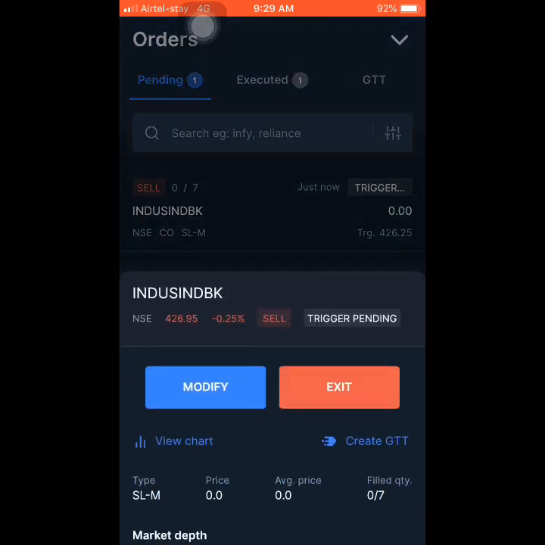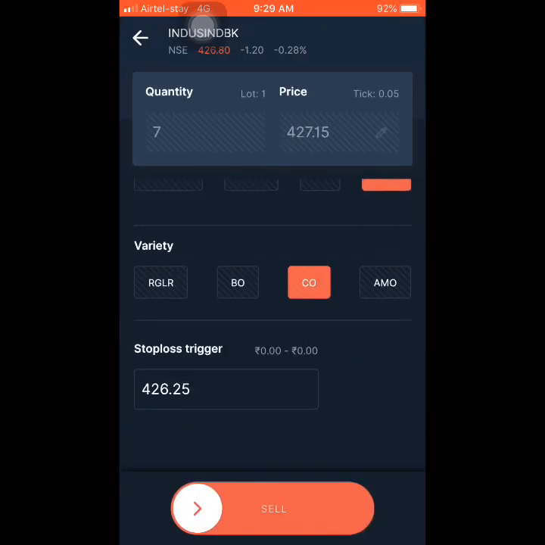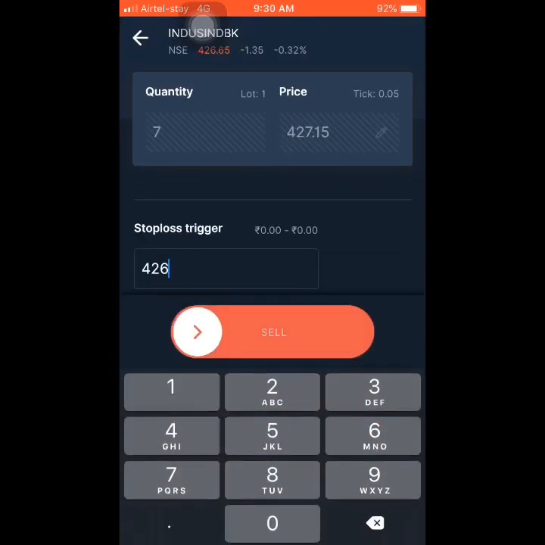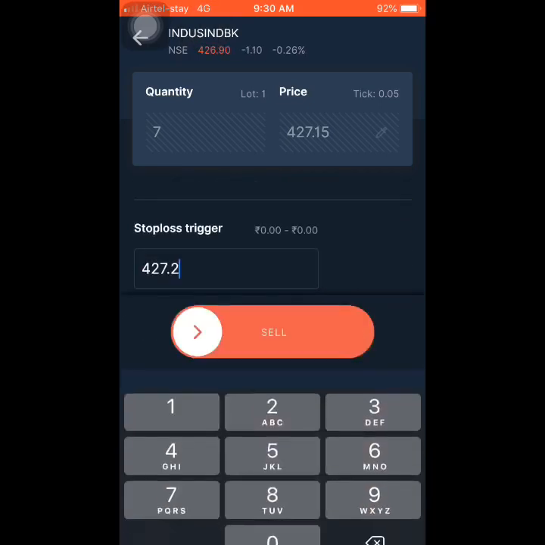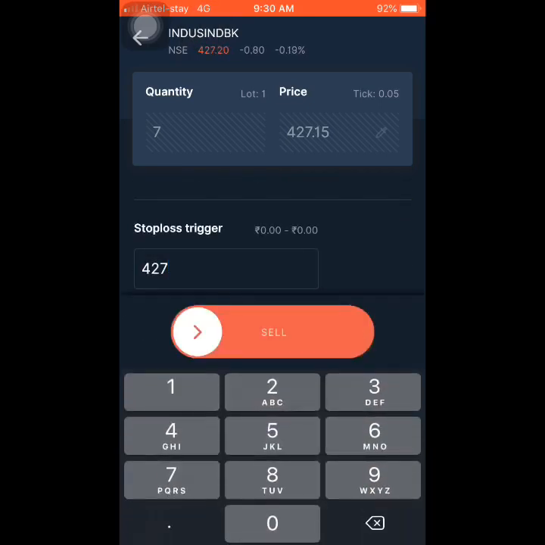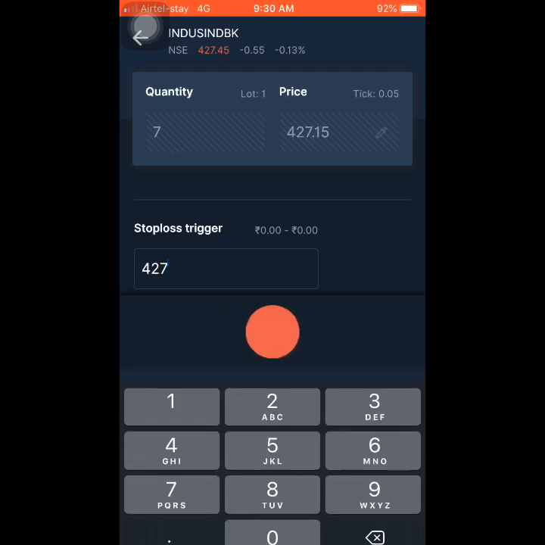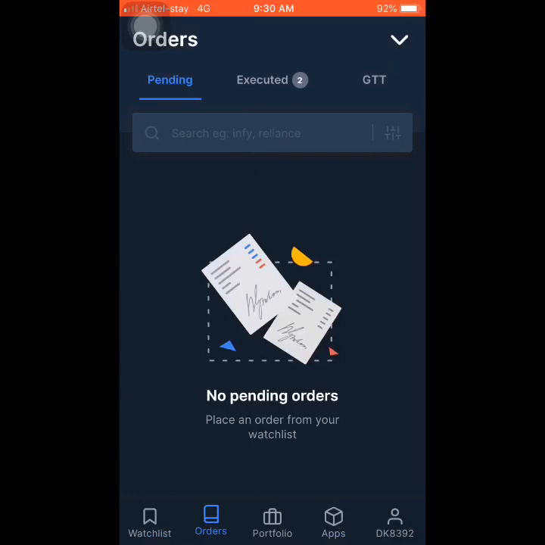Let's exit with the market order itself. Let's give it like 427 itself. Submit. That's enough, guys.